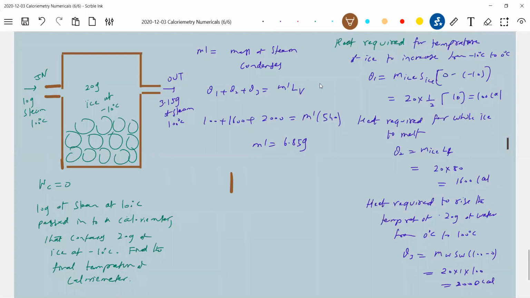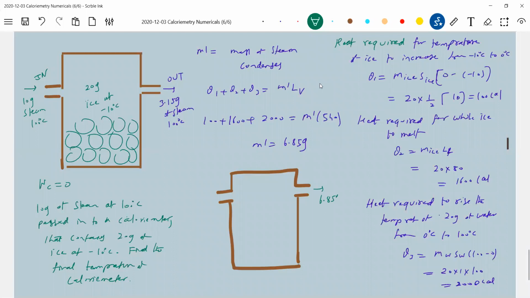Because you check the advanced, no, we have questions based on this. What I'm discussing, similar to this one. 3.15 grams of steam at 100 degrees Celsius will leave. Finally, what we'll get? We'll get water. We don't get ice. Ice will not be there, you know.